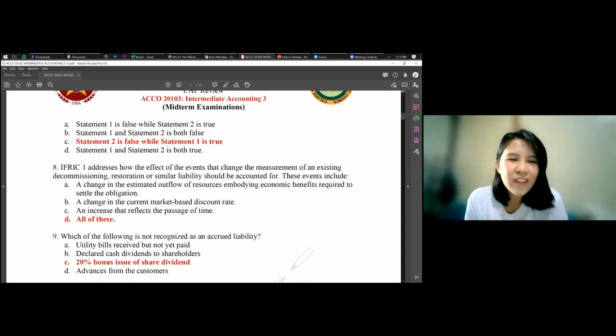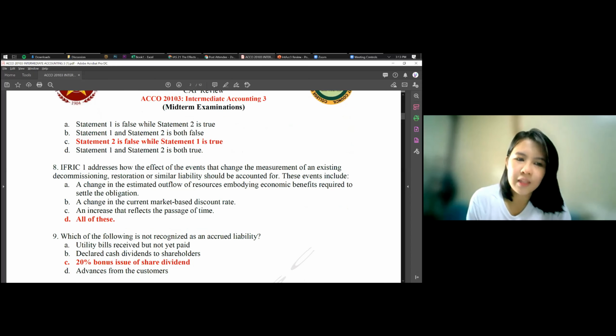Yun. So, ayun, which of the following is not recognized as an accrued liability? So, utility bills, yes na yes. Yan, received but not yet paid. Declared cash dividends to shareholders. Yes, in substance, kapag na-declare na siya, hindi mo pa siya nabibigay, it's somehow accrued liability. 20% bonus issue of share dividend is an equity.